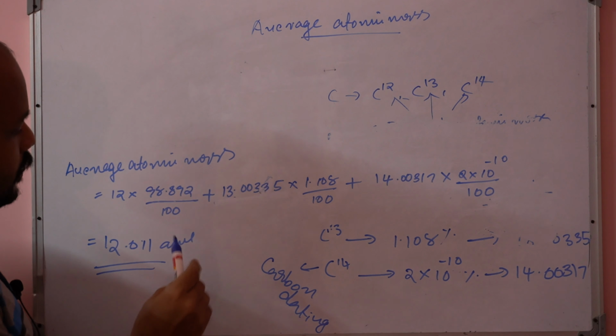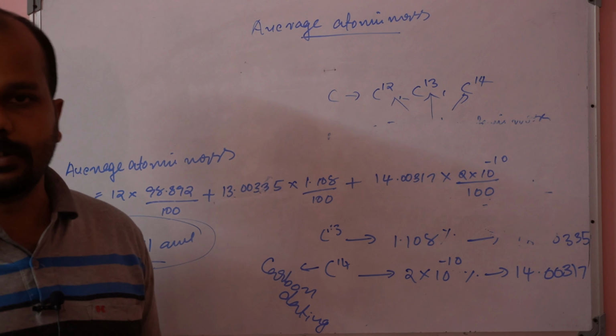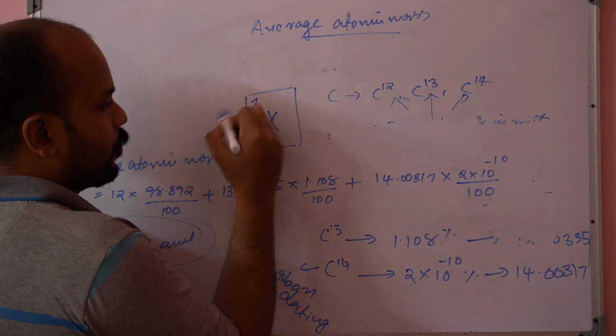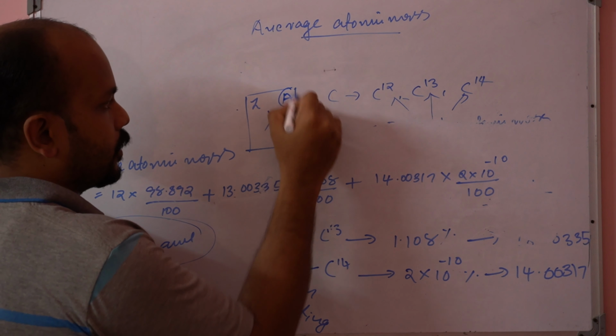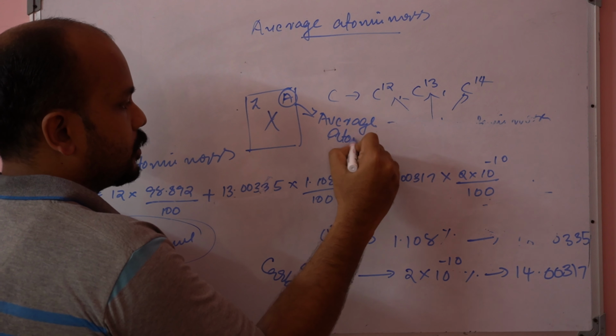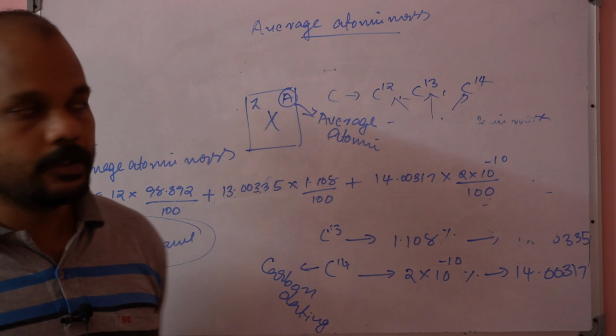Any element which has more than one isotope, for example oxygen or chlorine, has the element symbol, the atomic number and the atomic mass shown. This is always the average atomic mass. That means it is the average of all the isotopes, multiplied by their relative abundance. So that is it about average atomic mass.